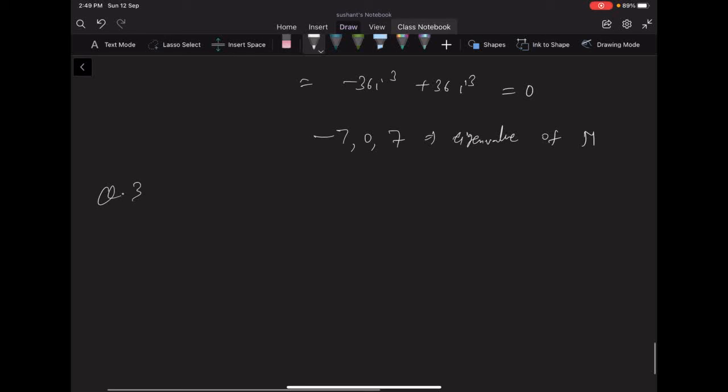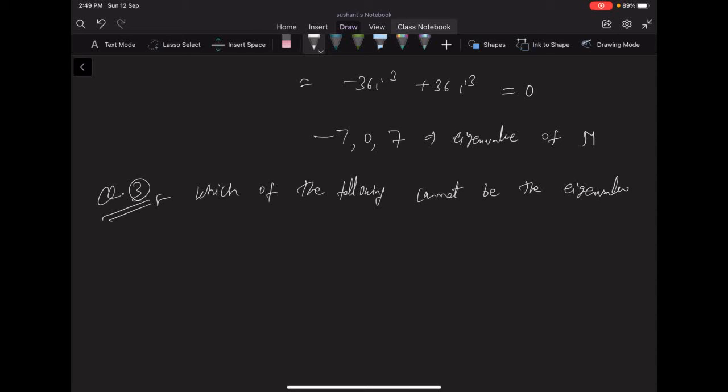Now question 3: which of the following cannot be the eigenvalues of a real 3 cross 3 matrix?